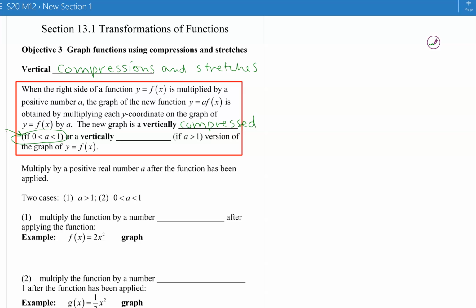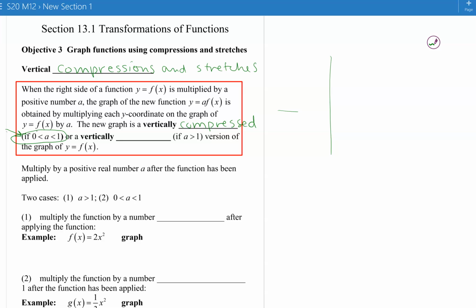I would love it if you would think through this and say what's happening is after you have found the y value that you used to plot, you're multiplying it by a number like a half, and so every y value is half as much as it was.